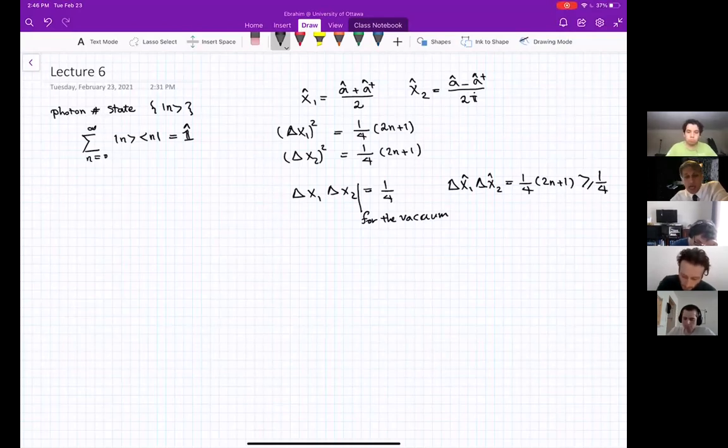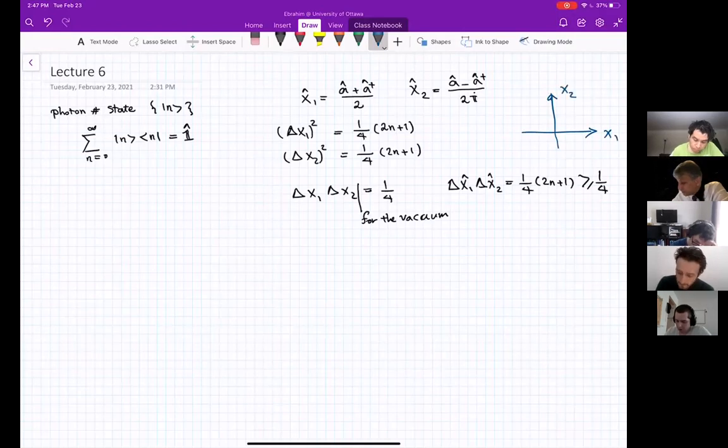All right. If you look at x1 and x2, the quadratures, what we expect is that the uncertainty will be on a circle. This direction we call delta x1, and this direction we call delta x2.